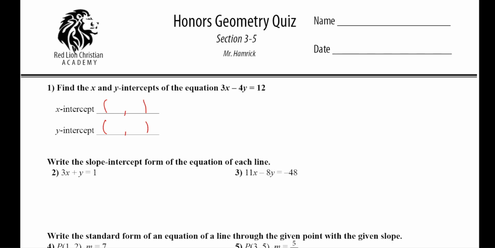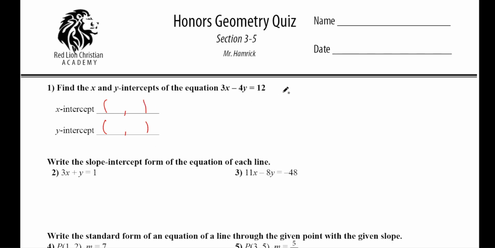Yep, about the 2-minute mark. So remember that. At the 2-minute mark, I said, if you don't write your answer for the x and y intercept as an ordered pair, I'm going to mark it wrong. I had so many people, this class and the other class, just write x equals, y equals, when I said you need to write it as an ordered pair. All right, enough of that.